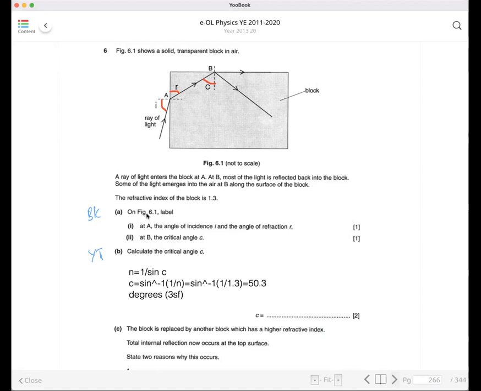Okay, Bei Kwan, hold on, why like that? Your arrow is wrong.